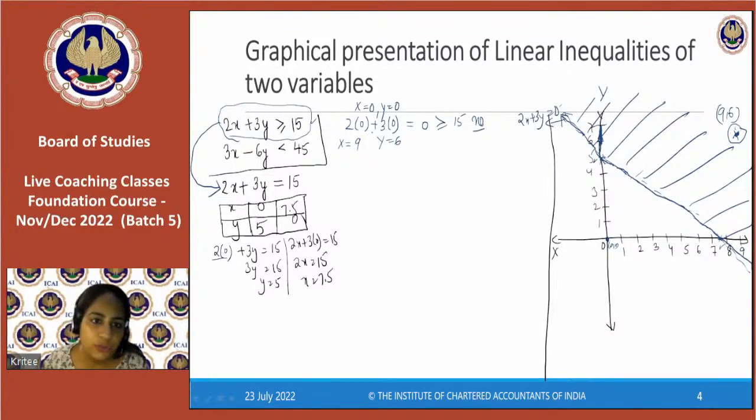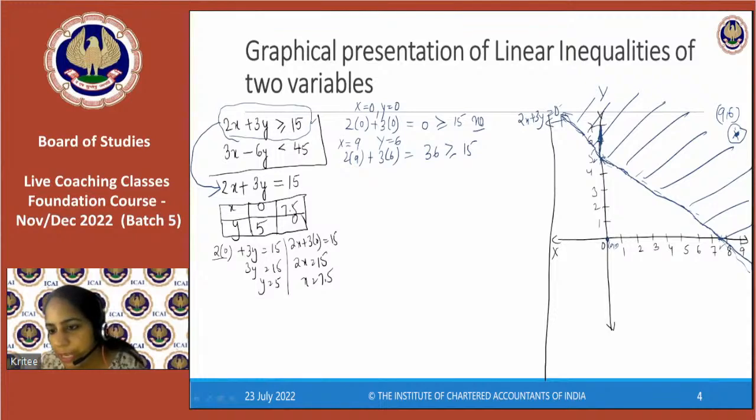Okay, so look at this. 2 into 9 plus 3 into 6. What does it give? 18 plus 18, 36. 36 is greater than 15. Oh yes, it is satisfying the condition. So the people who are standing on the border of the land say, oh, there is my answer. There is my solution. So they'll start moving towards it.